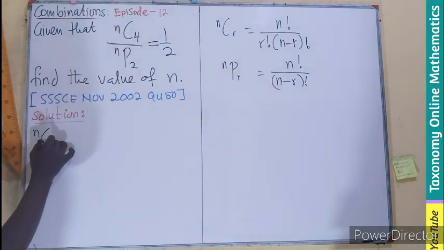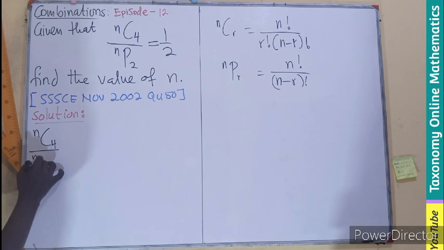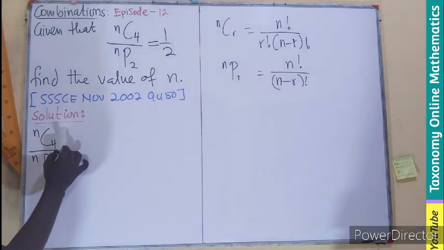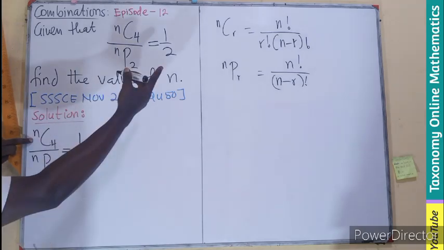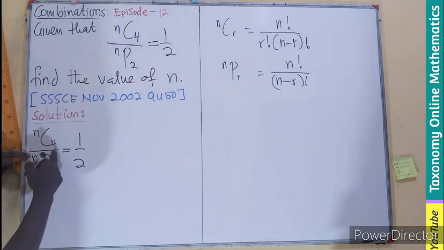So right away, this n combination 4 divided by n permutation 2, which equals 1 on 2, can be expanded from there. I'll be changing this to division.